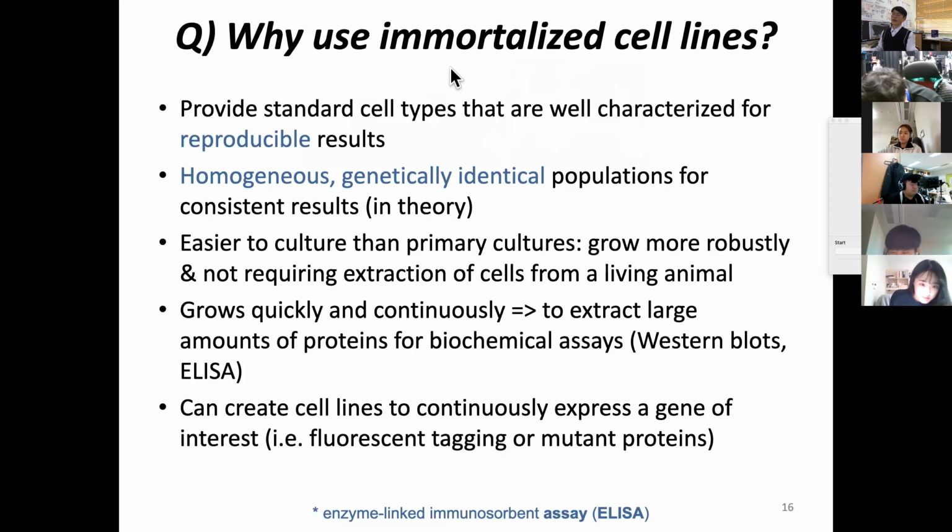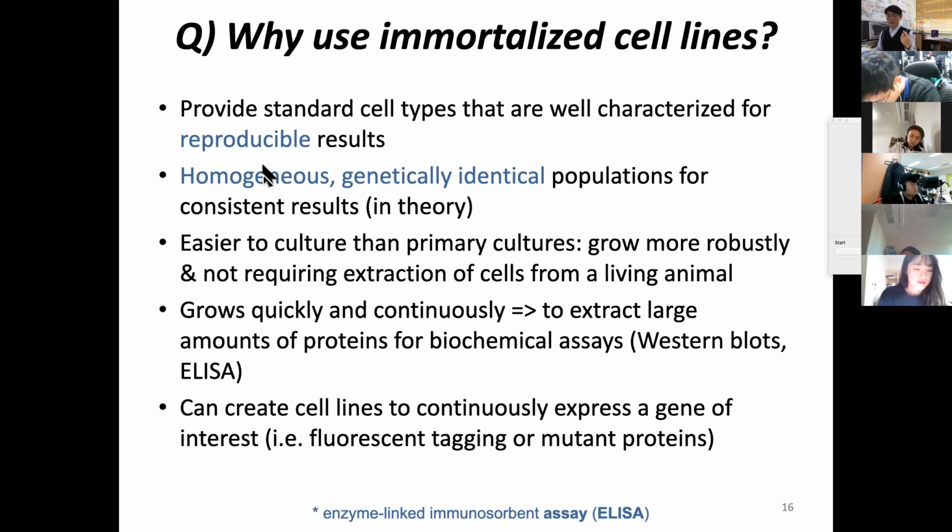Okay, so then why use immortalized cell lines? We still use them because they provide standard cell types that are well characterized for reproducible results. One way to think of a cell line is, I've done this research and we can compare results with others, because primary cells could be much more diverse, depending on the skill very well, and there are mixtures of multiple cell types in in vivo conditions.